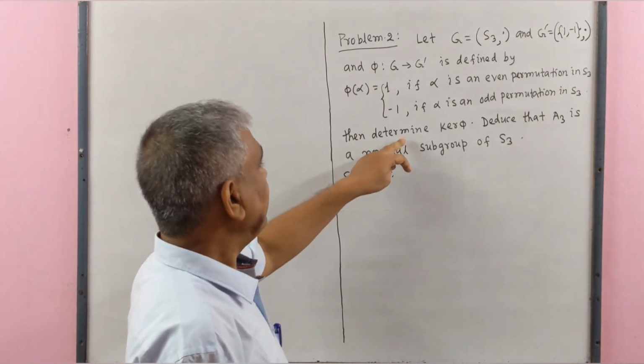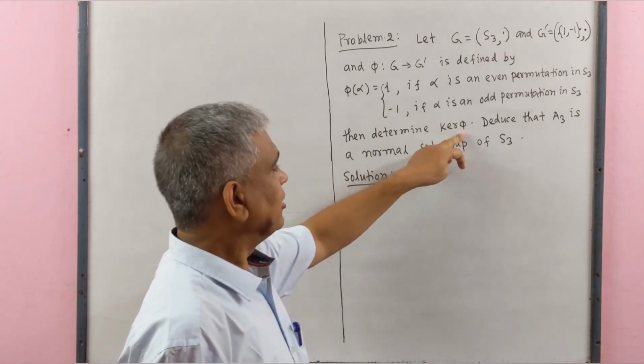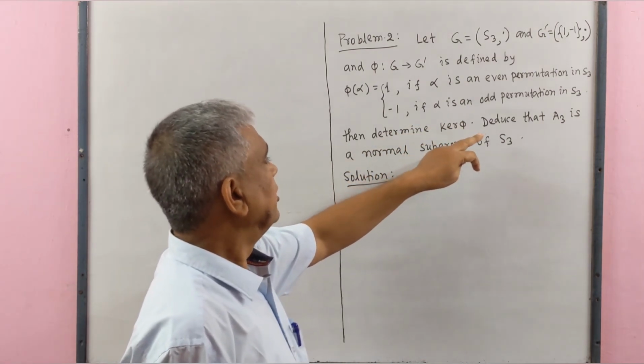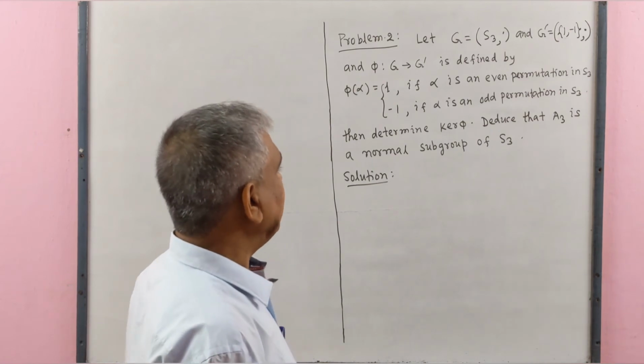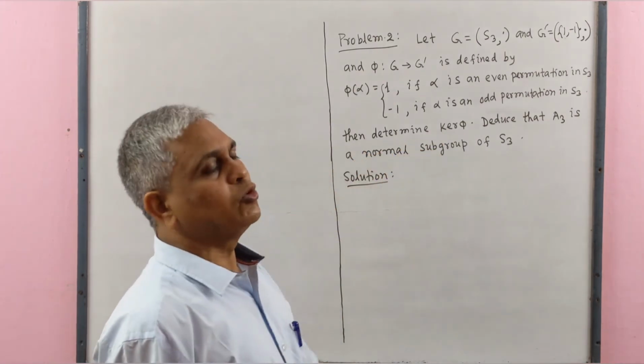Then determine the kernel of phi, the kernel of the homomorphism. Deduce that A3 is a normal subgroup of S3.